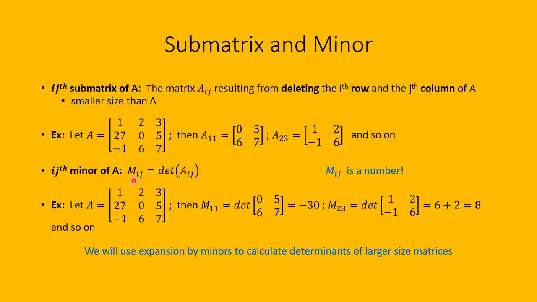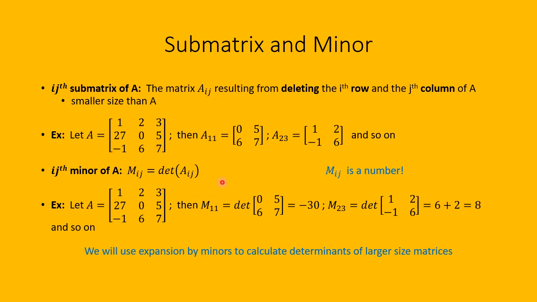M sub ij, the ijth minor, is just the determinant of the ijth submatrix. So this minor is a determinant, and so it's a number. Let's look at this same matrix we had up here, and let's find the 1,1 minor of this matrix.